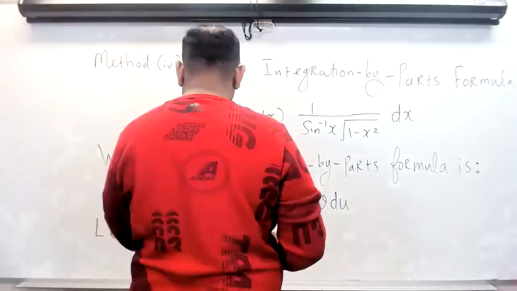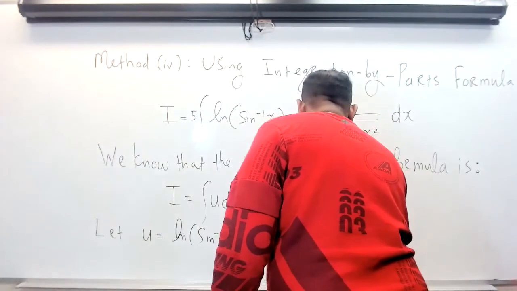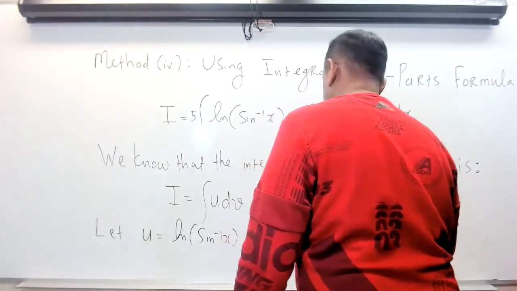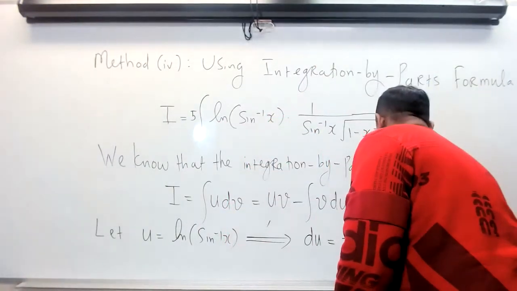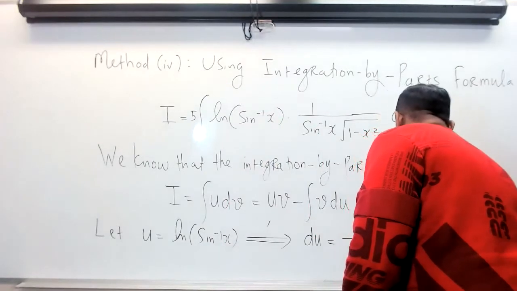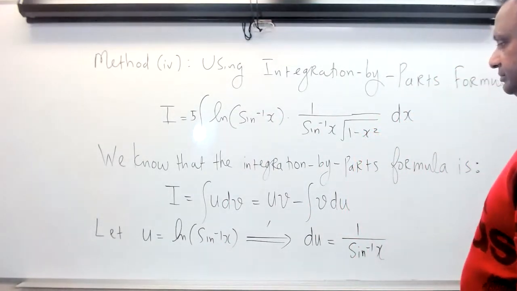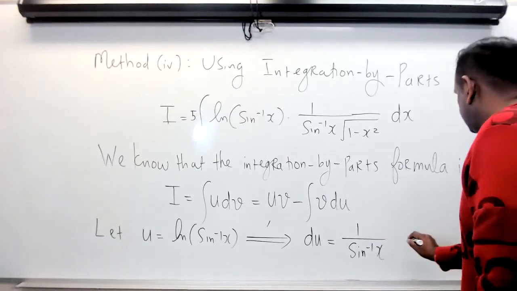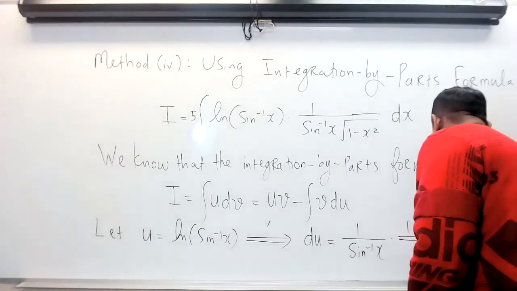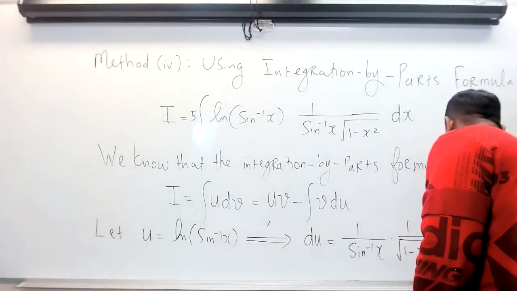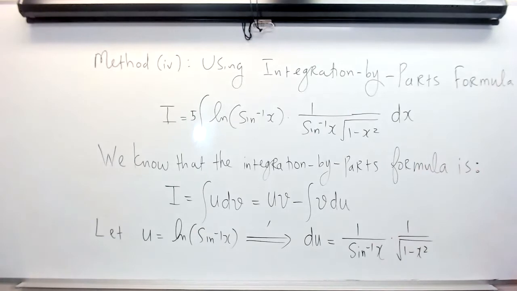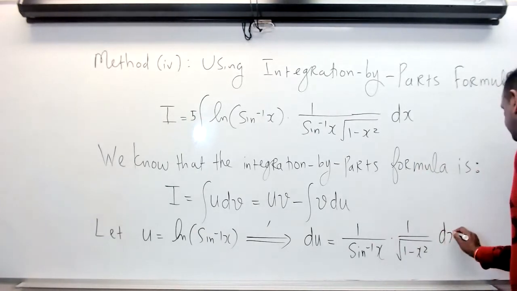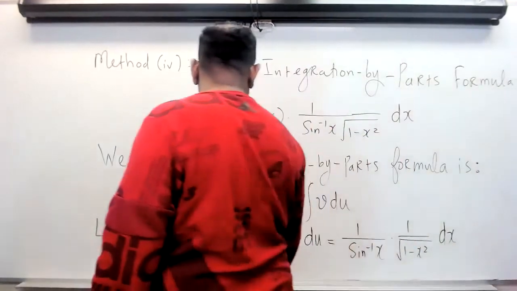On this side you have du, and this side you're going to have 1 over sine inverse x times 1 over 1 minus x squared dx. That's du.